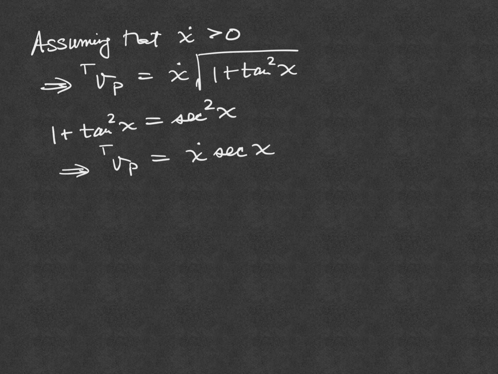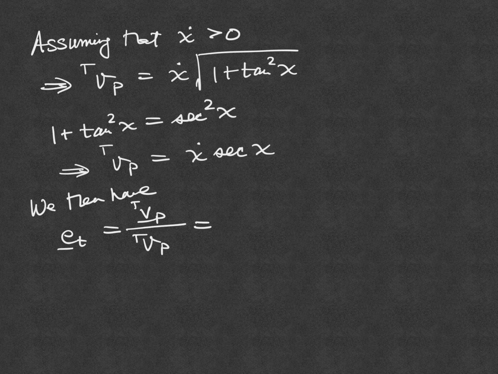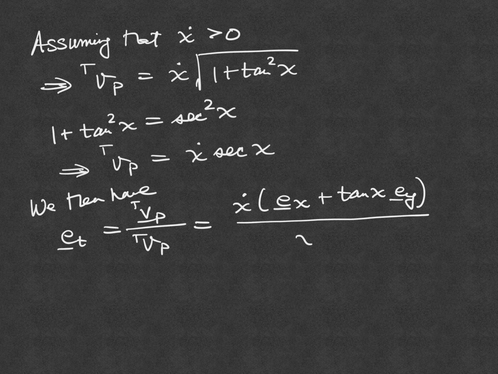From which we can now compute the tangent vector. So we then have the tangent vector, which is equal to the velocity relative to the track divided by the speed, which is x dot times EX plus tangent of x, EY, all divided by x dot times secant of x.